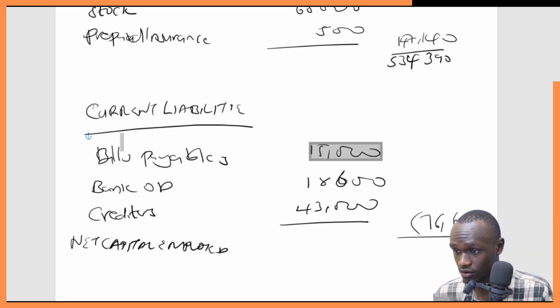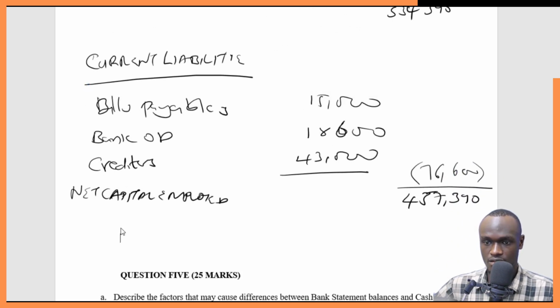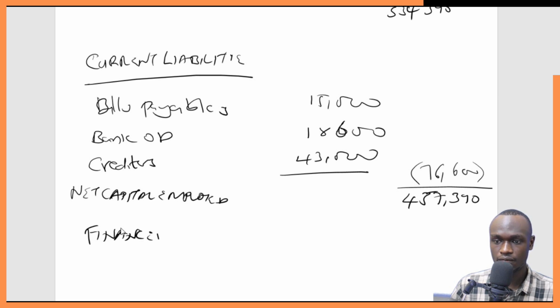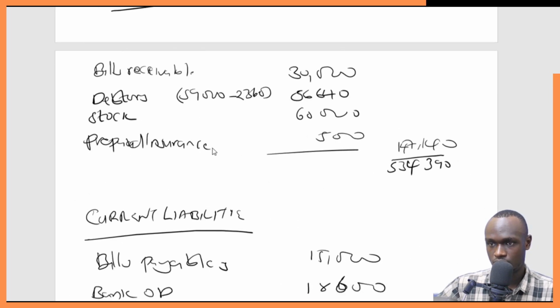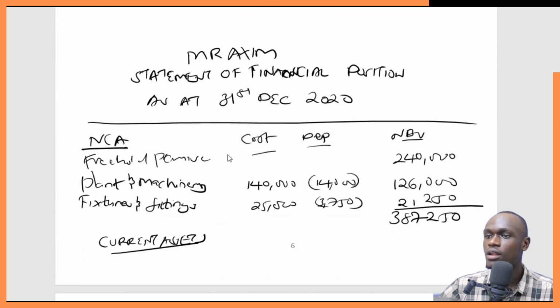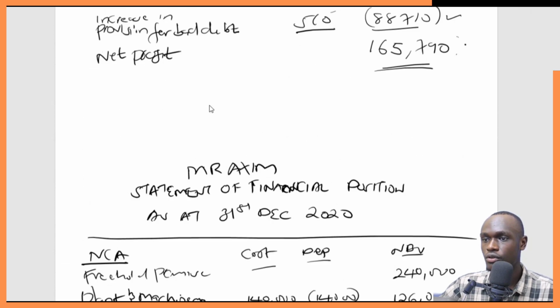It will give us 457,390. Go to financed by. If you have any long-term liability we take it, but in this case we don't have, so we go straight to the capital.